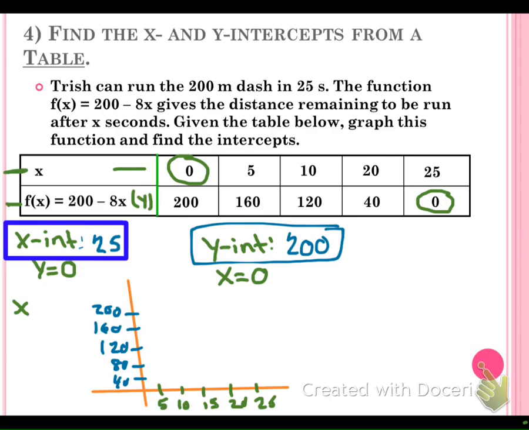Now I'm going to plot these points. My first point is 0, 200, 5, 160, 10, 120, 20, 40, and 25, 0. And here is my line. And all I really needed was my x-intercept and my y-intercept, and I could have gotten this line.